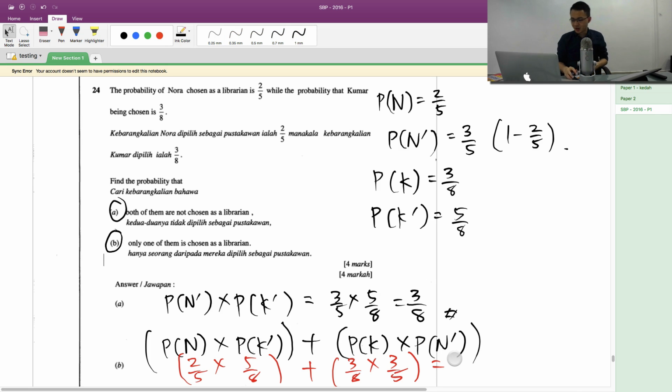So 2 over 5 times 5 over 8 plus 3 over 8 times 3 over 5, you get 19 over 40. Okay, this is how we solve this kind of probability question. Of course, if you still feel very confused, you can draw out the tree diagram. If you draw a tree diagram, it will be very easy to understand.